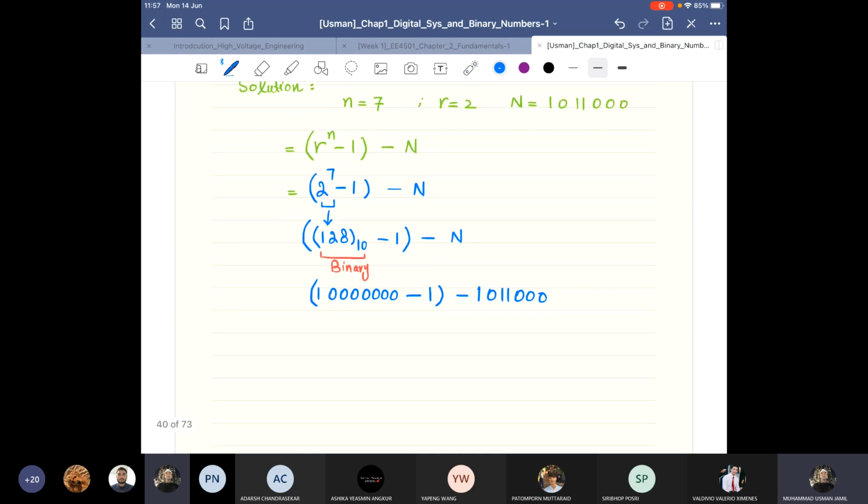So when you do the subtraction for this one, you will get, so you will get now 1 1 1 1 1 1 1, that is 7 ones, minus 1 0 1 1 0 0 0. This is binary subtraction.